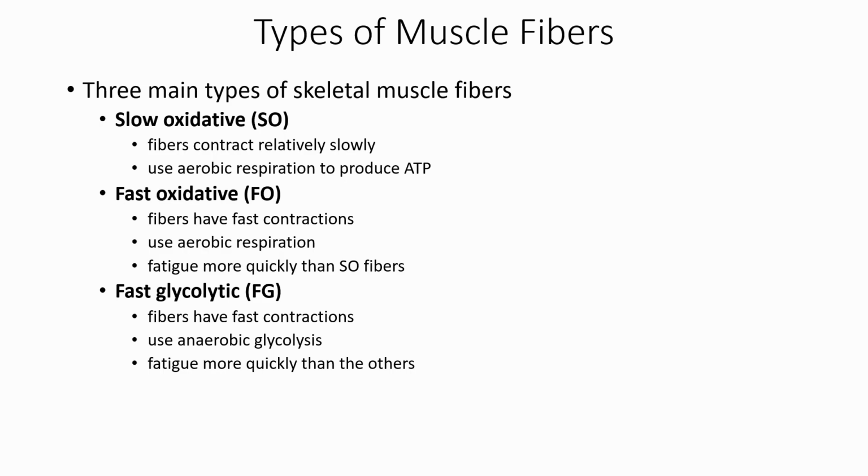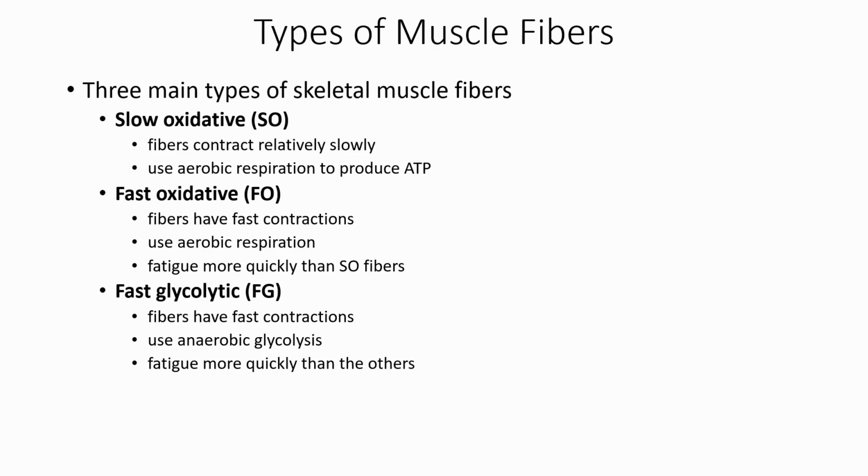We are more cost effective. We're going to get more bang for our buck with it, so more ATP for each individual glucose molecule we're breaking down. But it is a longer process, so you have to really put the effort in to get the payoff, right? So slow oxidative, slower contractions with these fibers, relatively speaking, and using a slower but more sustainable process of making ATP.